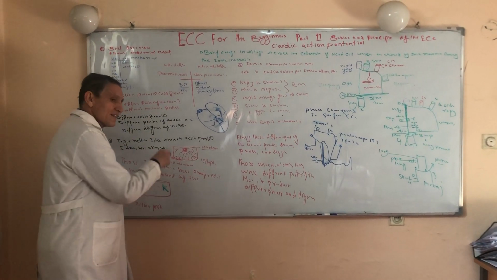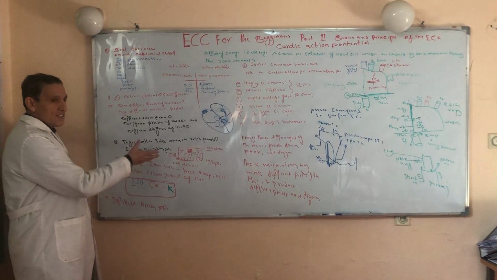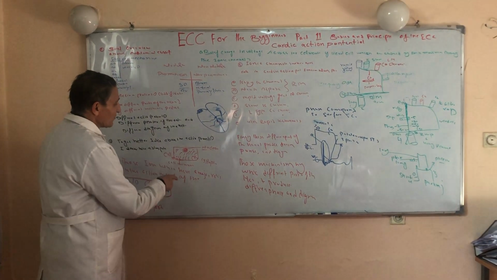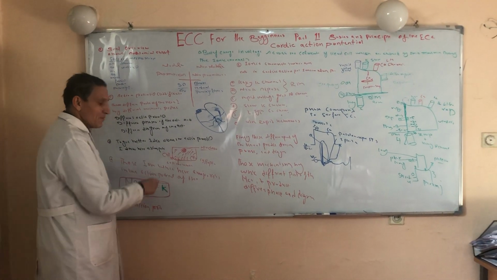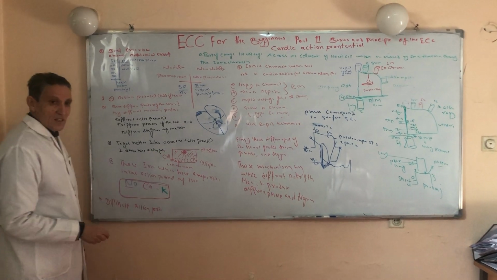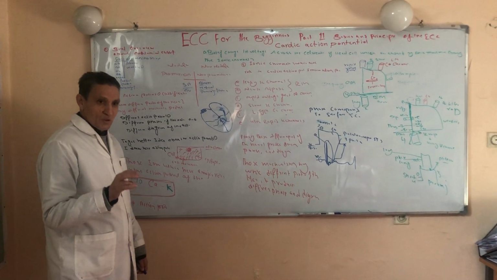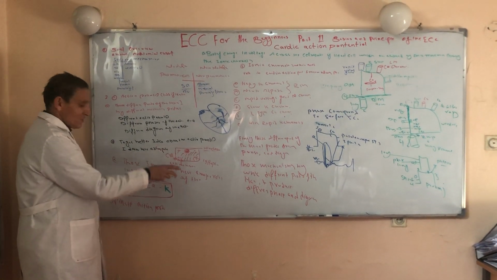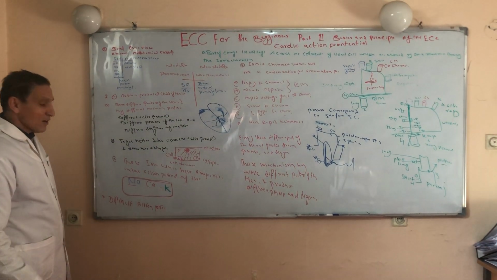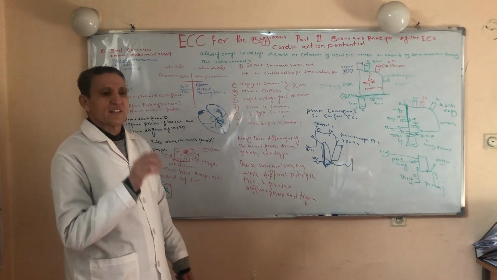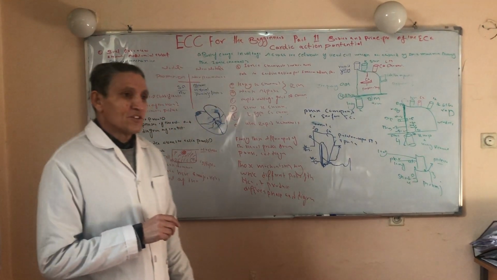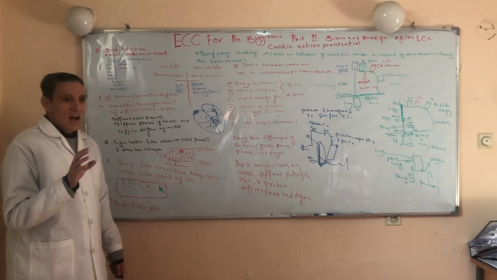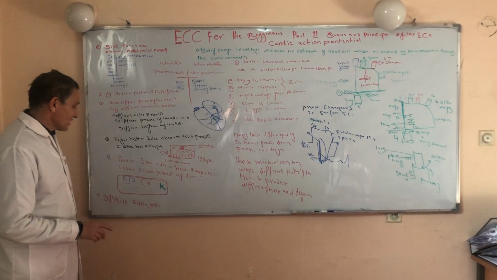So to get a better idea about the action potential, first I draw a simple picture of the cell. This picture is made from nucleus, cytoplasm, and cell membrane. This cell membrane is embedded with different enzymes, proteins, and ionic channels, which are made from proteins. Now, do you know which ions have a major role in the cardiac action potential?